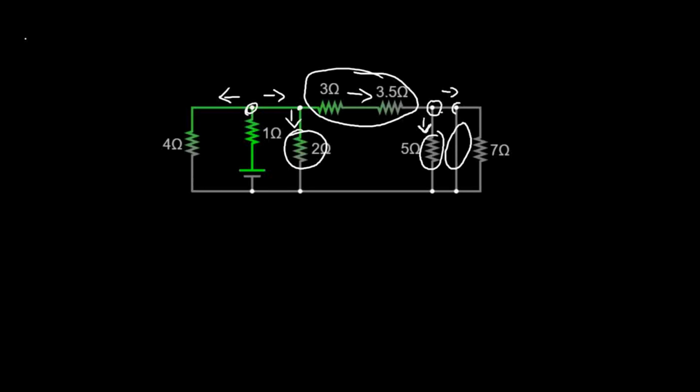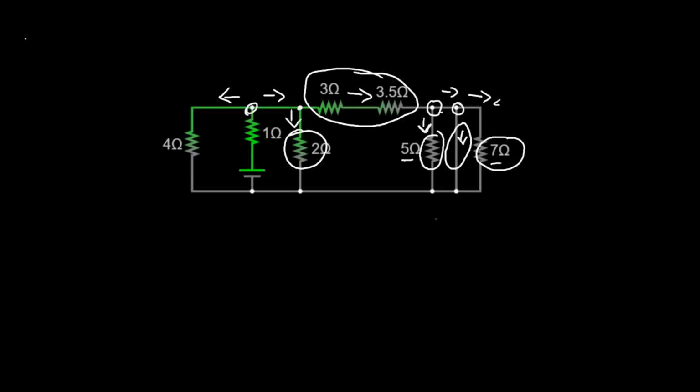Then when it gets to this node, looking at this direction, because of the 7 ohms resistor, it will not move in this direction but rather take this direction. So at the end, current will not flow through the 5 ohms and the 7 ohms resistors. These two resistors have been short circuited.